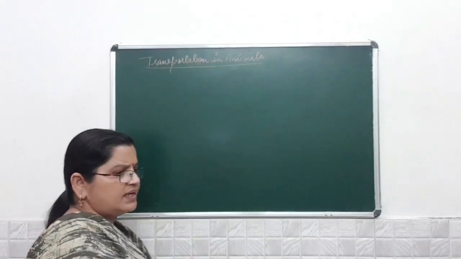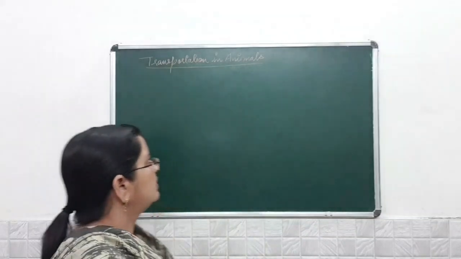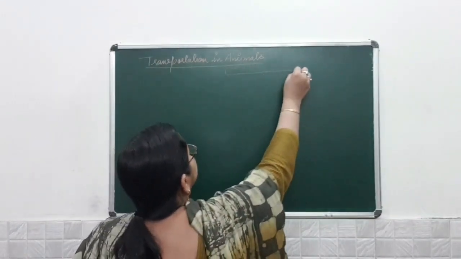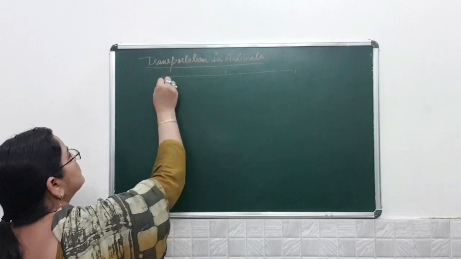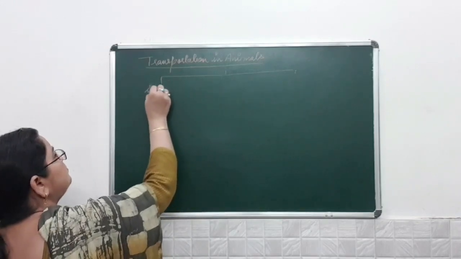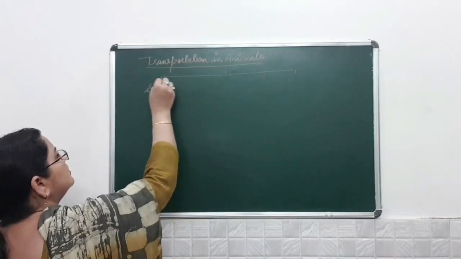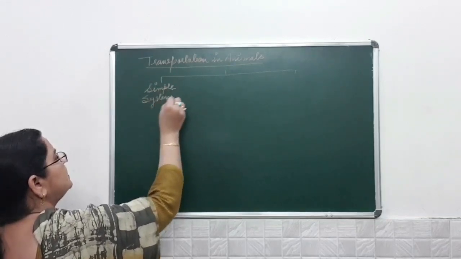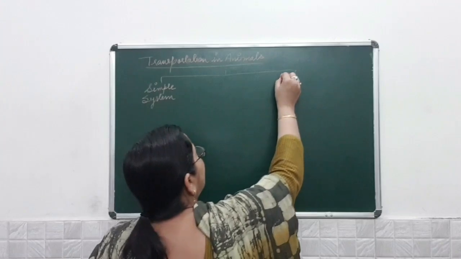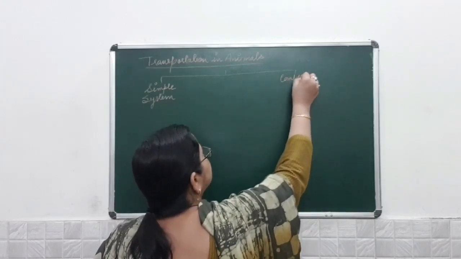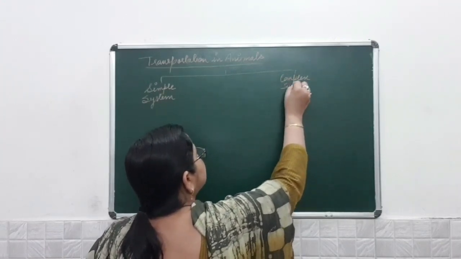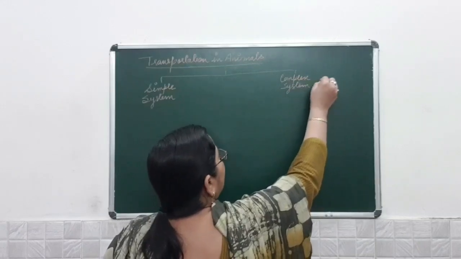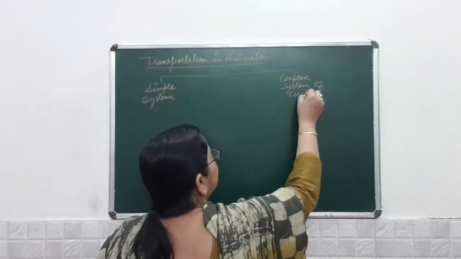There are two types of transportation mechanisms we have seen in animals. These are simple system of circulation and complex system of circulation.